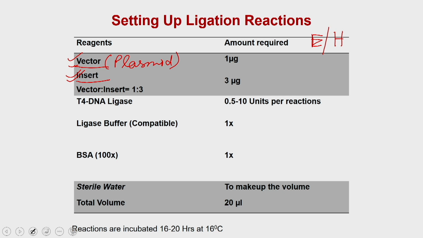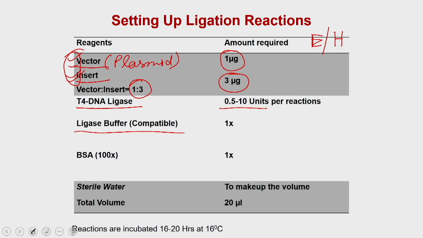The basic understanding about mixing these two is that they should be mixed in a ratio of 1:3, which means if you are taking 1 microgram of vector, you will take 3 micrograms of the insert. Then you add the T4 ligase, 1 to 10 units per reaction.